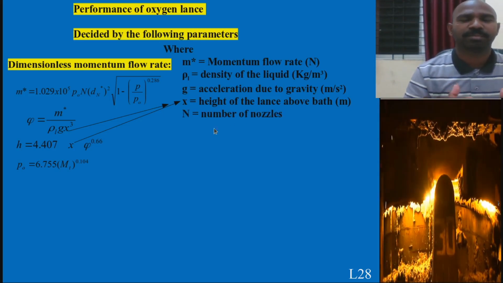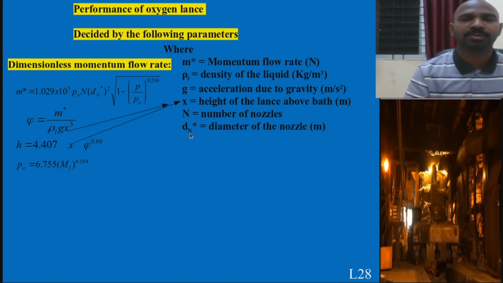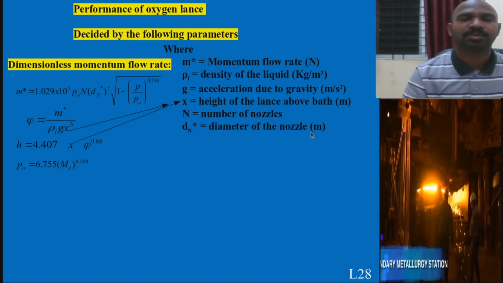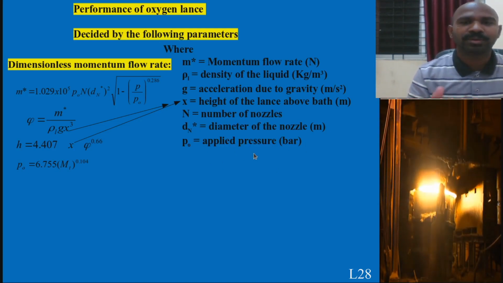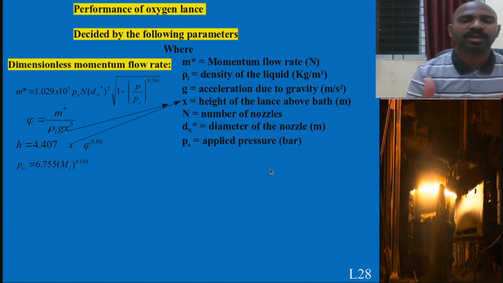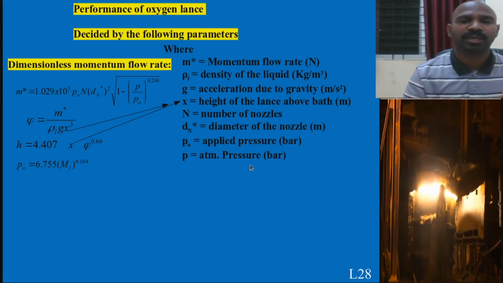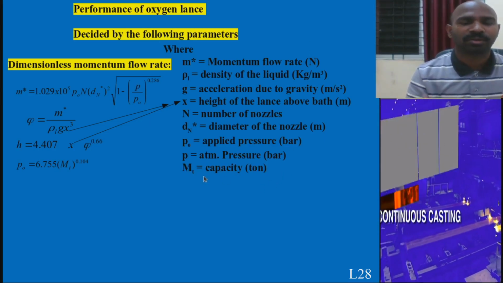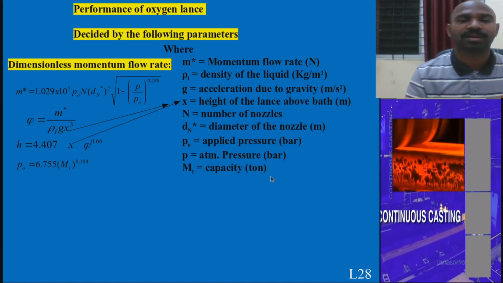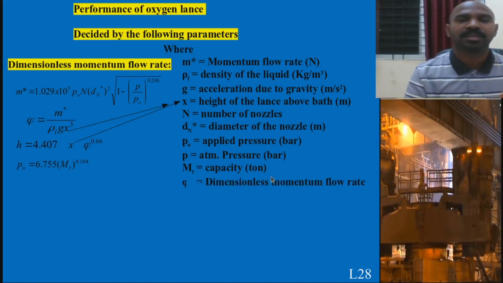N is the number of nozzles, and D n star is the diameter of the nozzle, and P naught is the applied pressure in bar. All the units are mentioned here, and small p is atmospheric pressure, and MT is the capacity of molten steel in tons, how much it could produce.